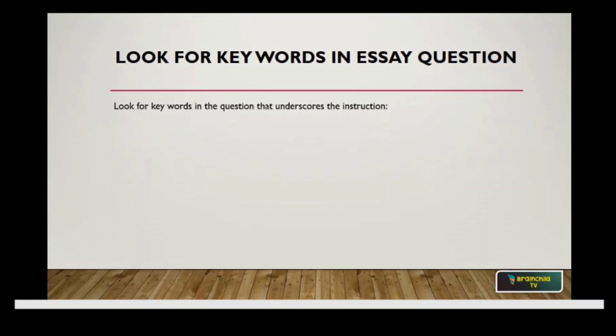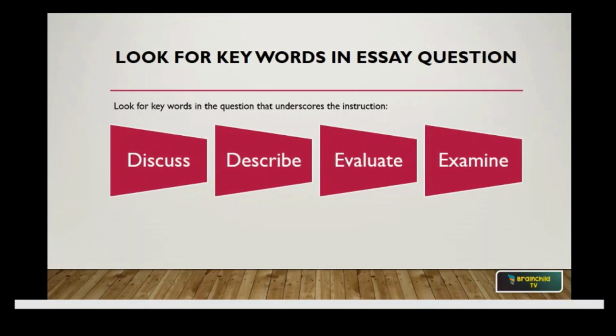Now you need to look for keywords in the essay question that underscore or underline the instruction. These are words that shape and form the question and make the question unique to what the instructor is asking you to do. Here are some of the more popular terms that you will see in an essay question that have different meanings, and you need to take some time to understand the difference between these words so that you can provide appropriate answers for your assignments.